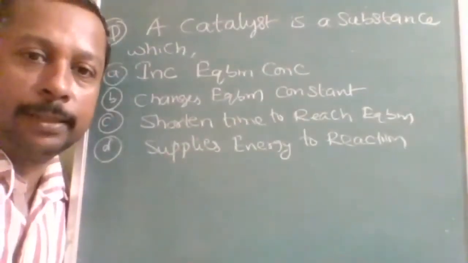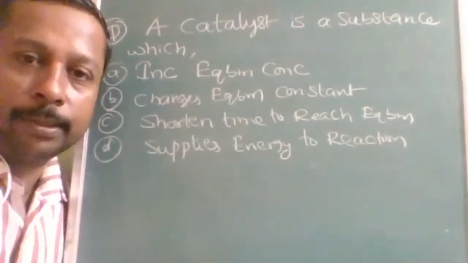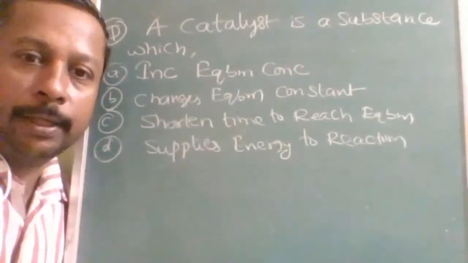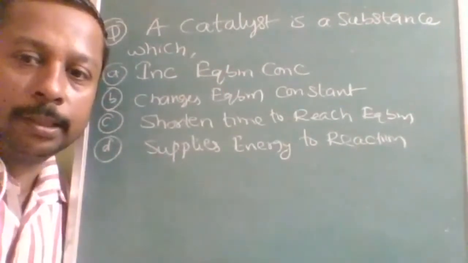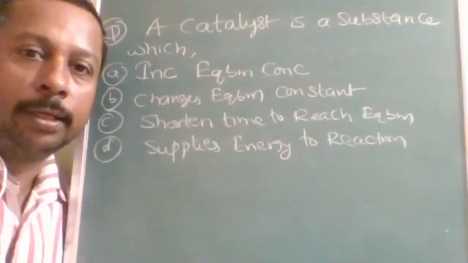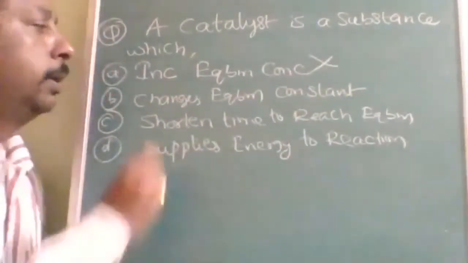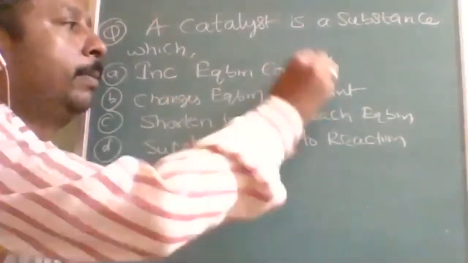A catalyst is a substance which... This is a theory question, there should not be any calculation mistake. Still people are giving different answers. So for this question: increases equilibrium constant? No. Changes equilibrium concentration?